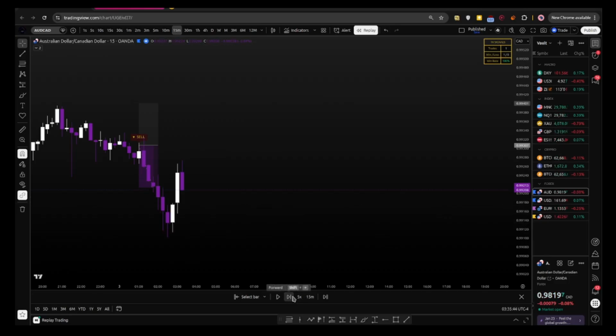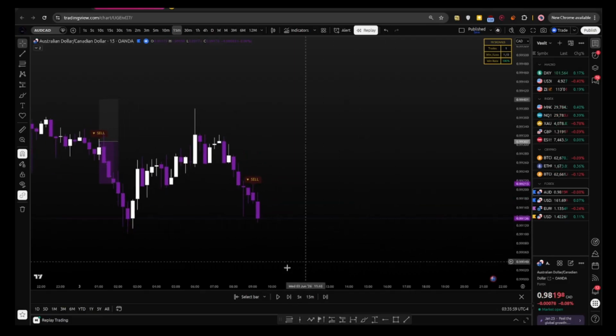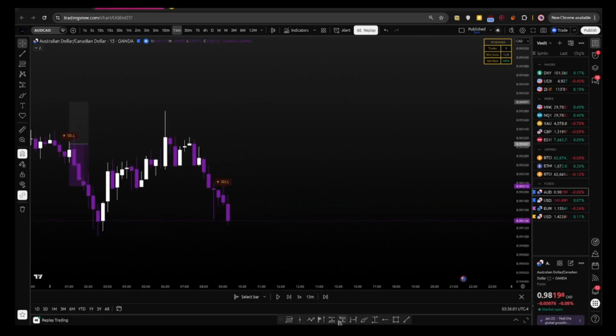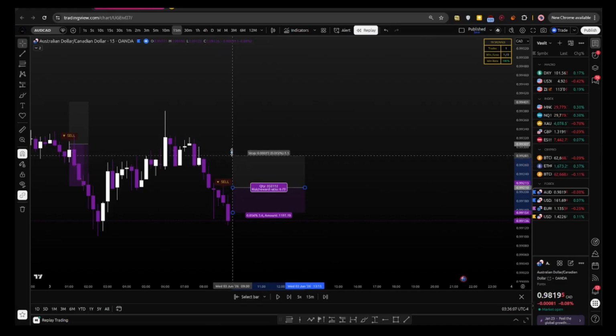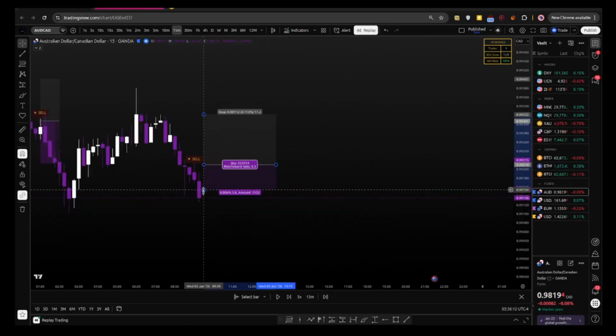I will fast run this. I don't want to waste time. Okay, we have another sell here, right? This would be our sell, and the TP would be this high, and then 1 hour.